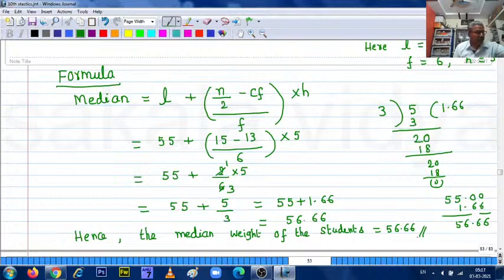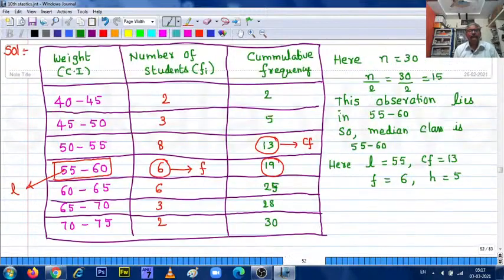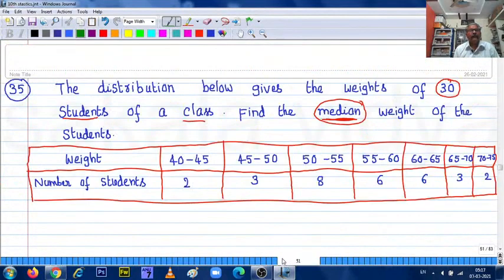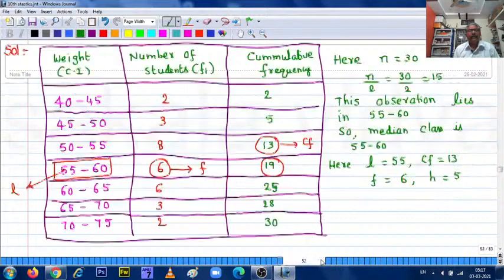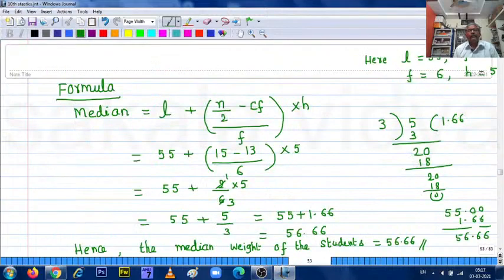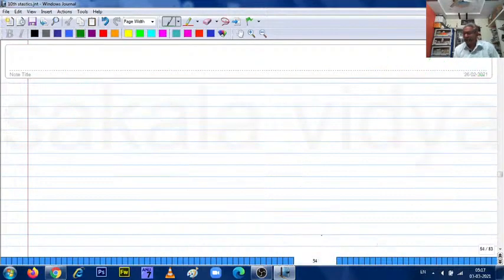So next, let us go for the next problem. 36th question.